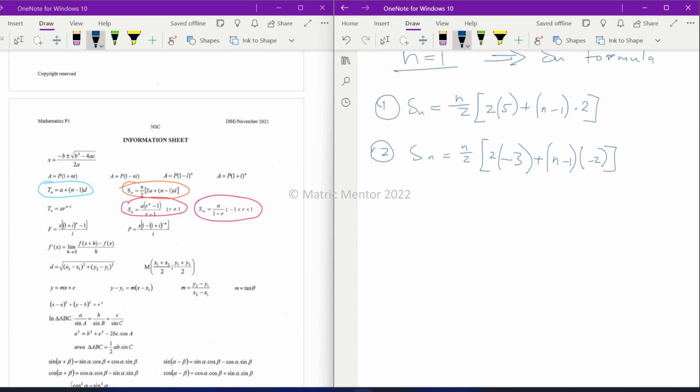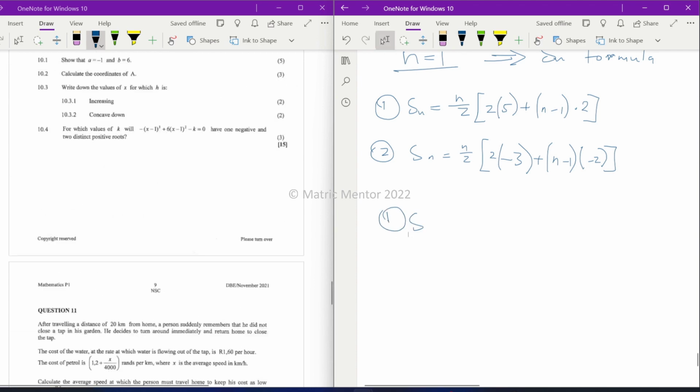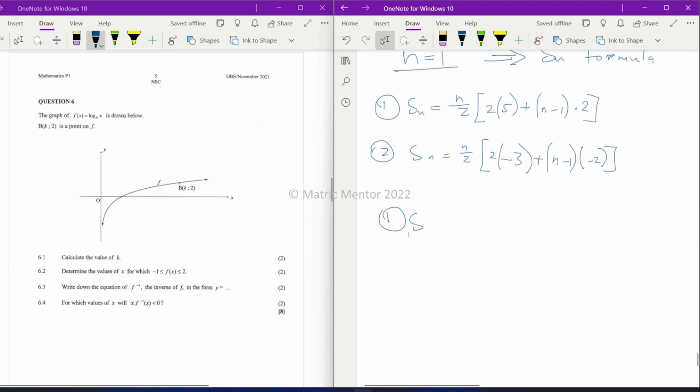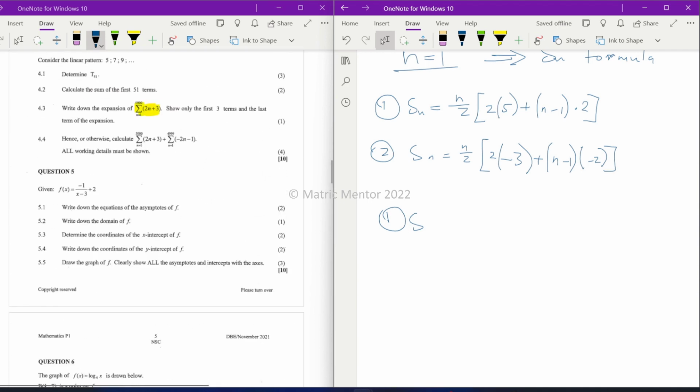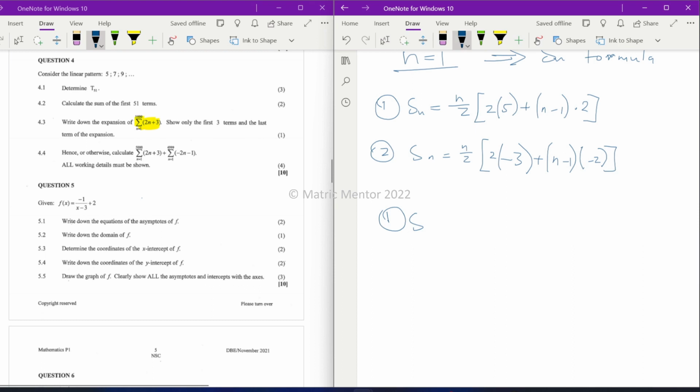So for the first one, if we want to find the sum of the first 5,000 terms, like they ask us in the question, then it will be S5000 equals 5,000 over 2 times 10 plus 5,000 minus 1 times 2.